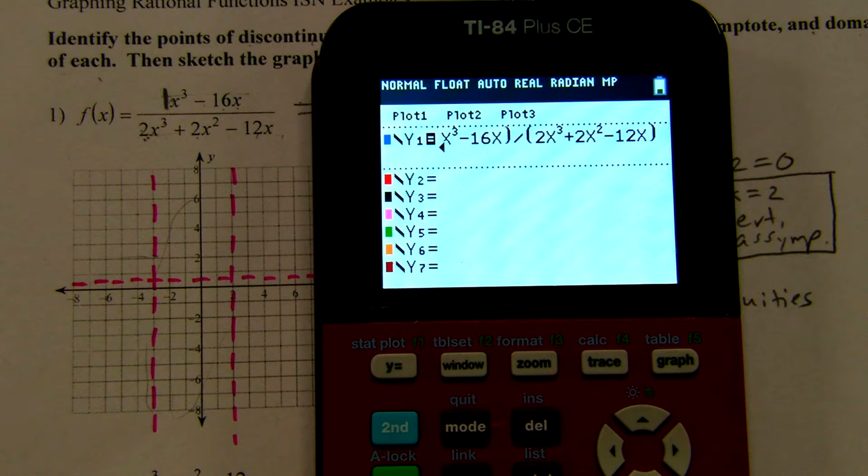And then make sure you also close the parentheses on the bottom. If you don't, weird things could happen depending on how the calculator interprets this. And then, assuming that you're on a normal screen, you could hit graph.